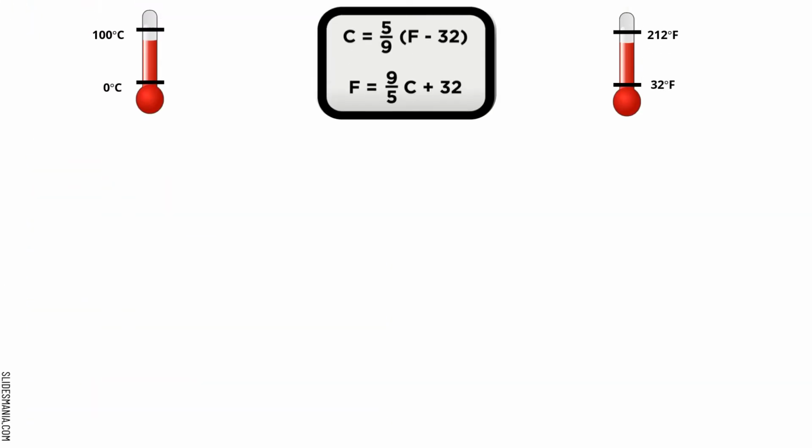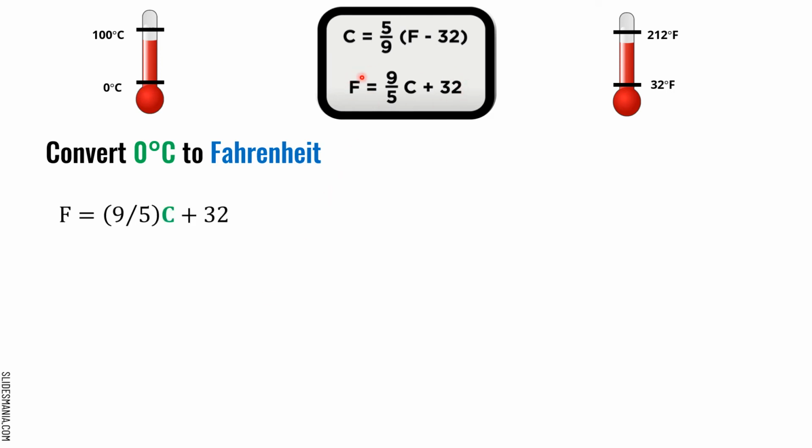To check if the formula that we have after seeing the relationship is correct, let's convert 0 degrees Celsius to Fahrenheit. The answer must be 32 degrees Fahrenheit. So let's use the second formula. F is equal to 9 over 5 times Celsius plus 32.